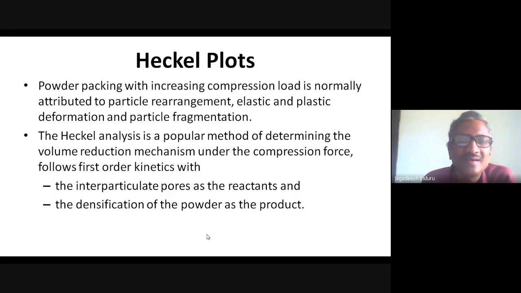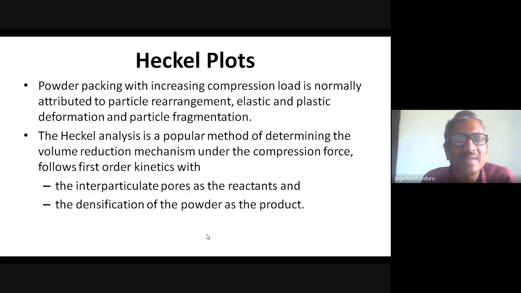So he has named this powder deformation as a reaction. In this particular case, the starting material has higher pores, and the ending material has the highest density. Why does the starting material have high pores? Because they are not compressed at the start, they contain the voids and pores.